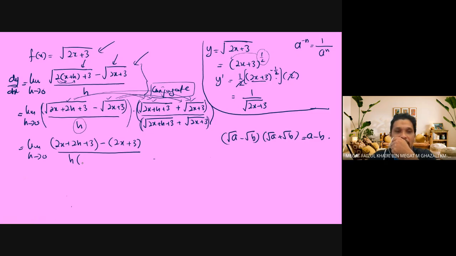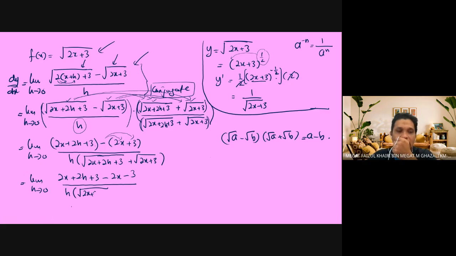So h times [square root of (2x + 2h + 3) plus square root of (2x + 3)]. Now, limit of h approaching 0. Simplify this: 2x + 2h + 3 minus 2x minus 3, divided by h times [square root of (2x + 2h + 3) plus square root of (2x + 3)].